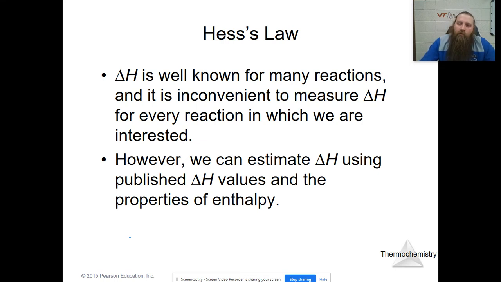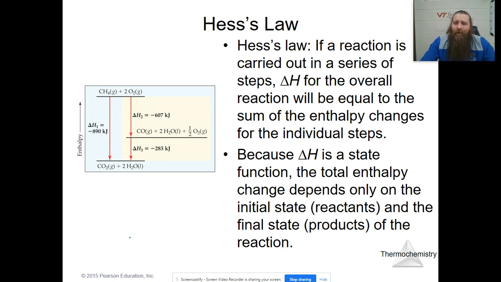But because we know delta H for a whole lot of reactions, we can estimate delta H using what we know about published delta H values and some enthalpy properties. So Hess's law says this: if you take a reaction and carry it out in small steps, then the delta H for the whole reaction is equal to the sum of the enthalpy changes for the individual steps.